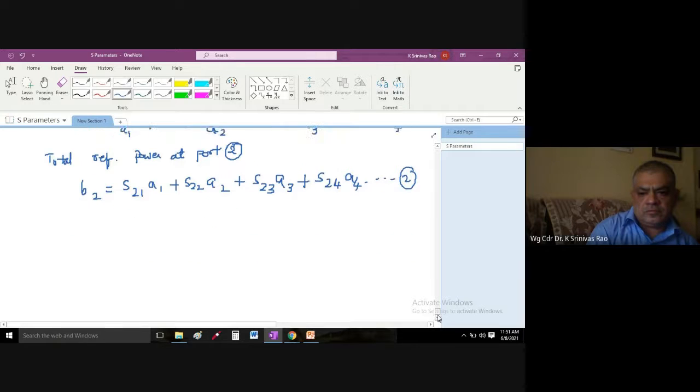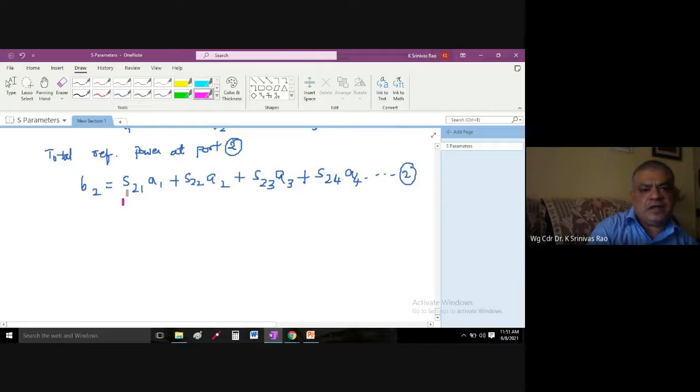Now, on similar lines, I can write the equation for port 3. So port 3, I can write B3 directly, as per the situation now.